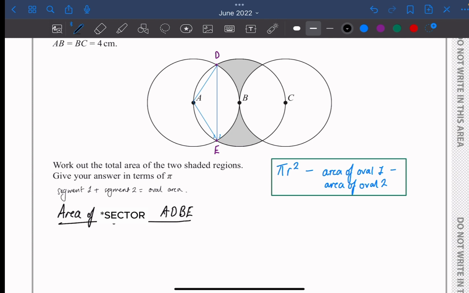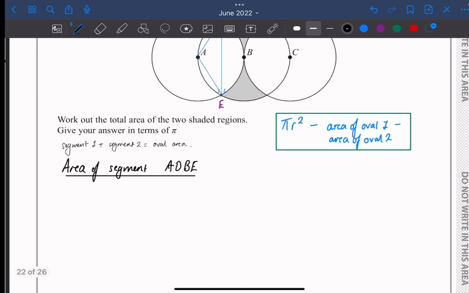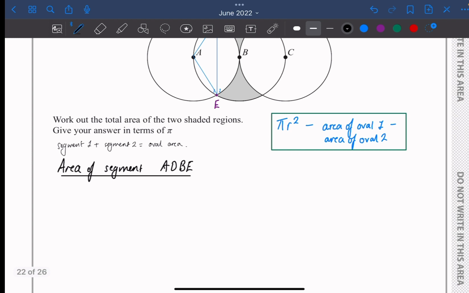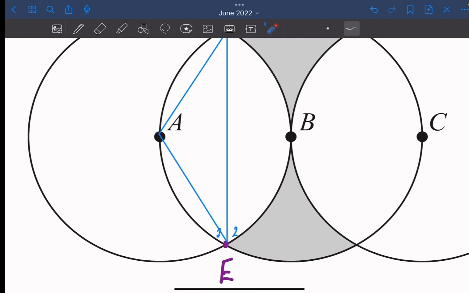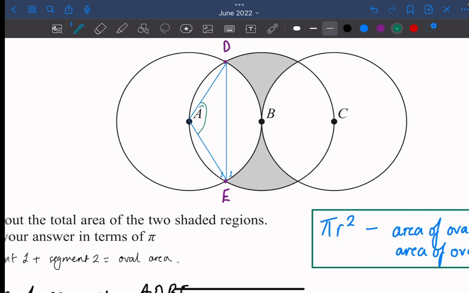Now, if you recall, to find the area of the segment ADBE, you'll need this angle here. I'm going to call this angle A. Put the little angle sign there.